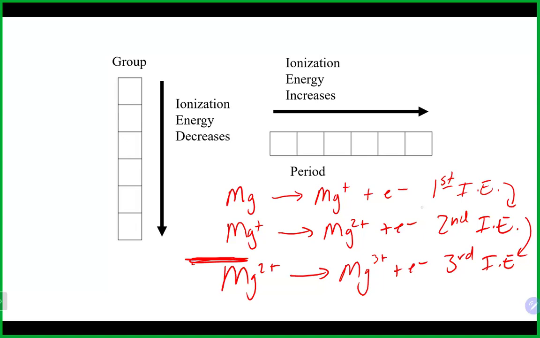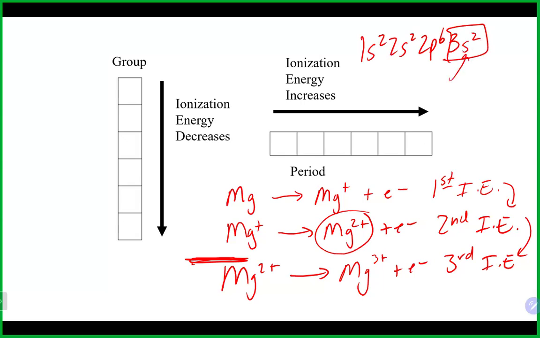In the case of magnesium, we know it is group 2, so it makes a +2 charge. And that's also because when we look at the electron configuration for our magnesium here, it has 2 valence electrons. So not too bad to remove the first one, gets a little harder to remove the second one.